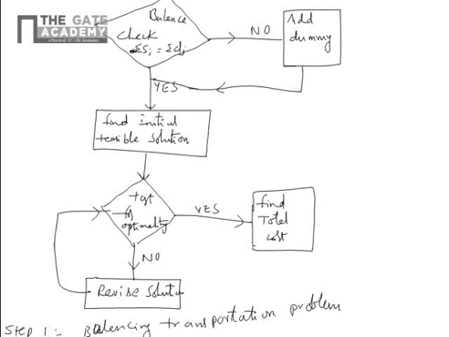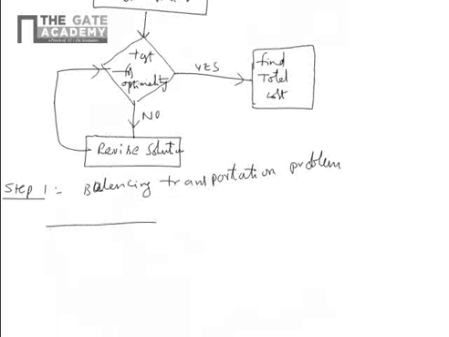For example, take one simple problem where there are three suppliers and four warehouses, the demand destinations.